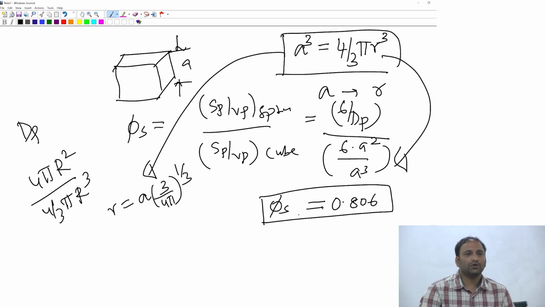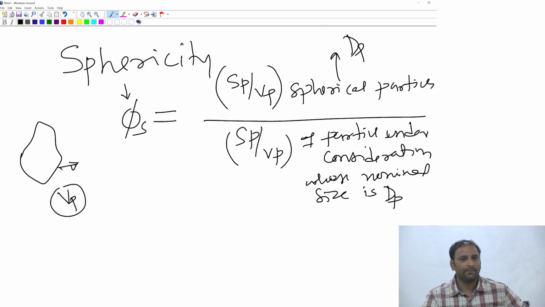So if you work it out, it turns out that your phi s is going to be 0.806.